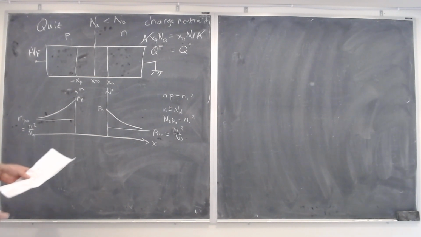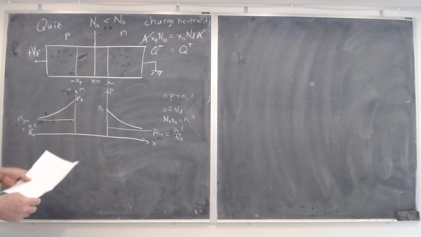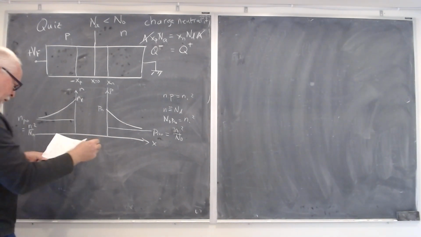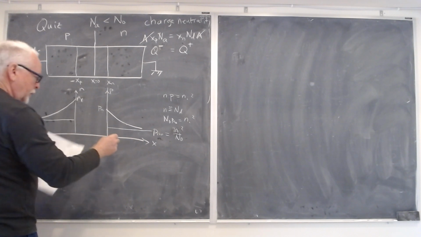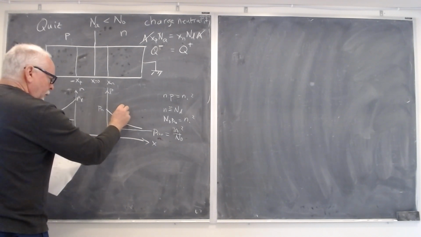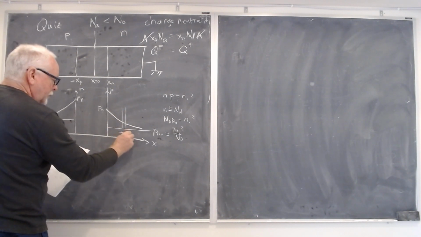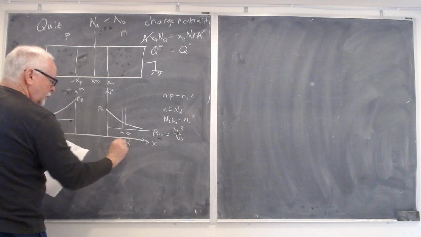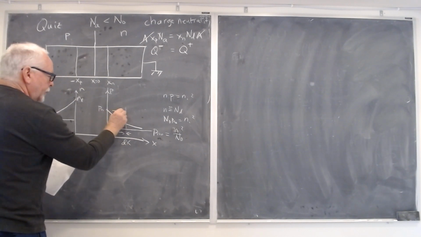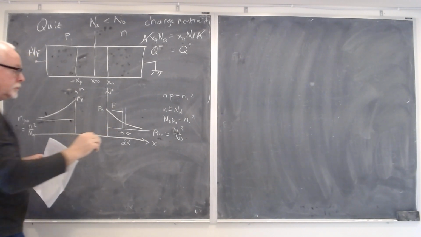Now, I don't want to do too much of a review of diffusion, but let's go ahead and do it. Looking over here, if this is dx, and I'm going to make F, remember, F is flux.